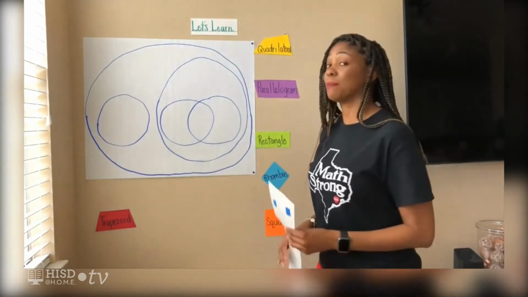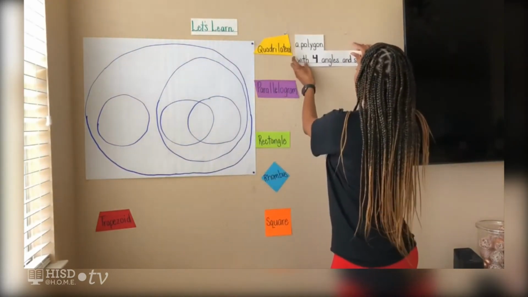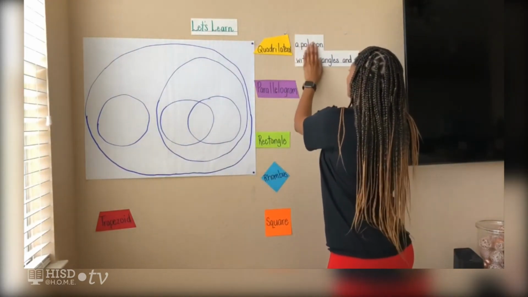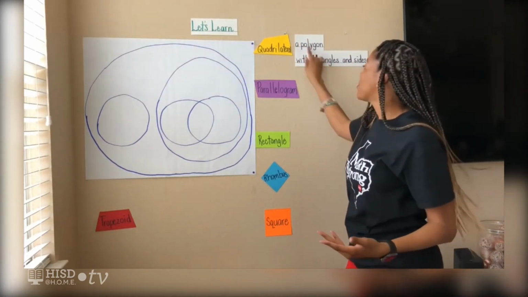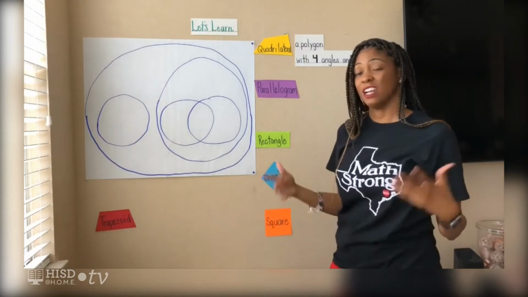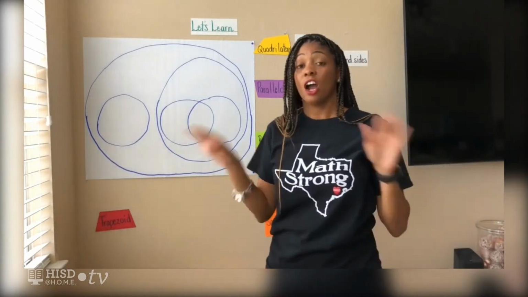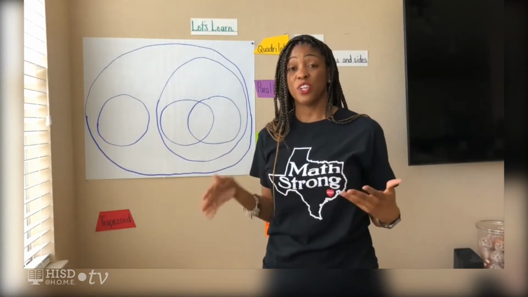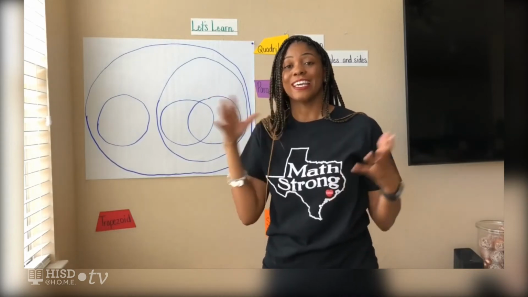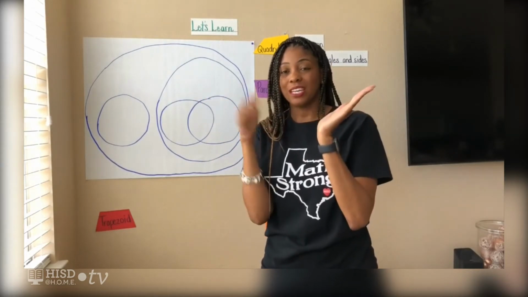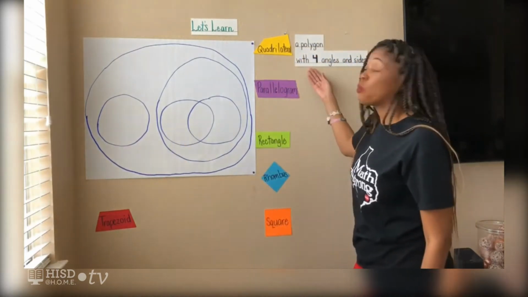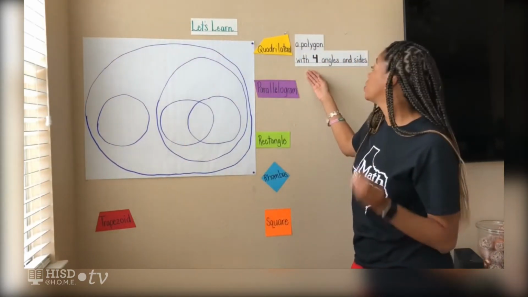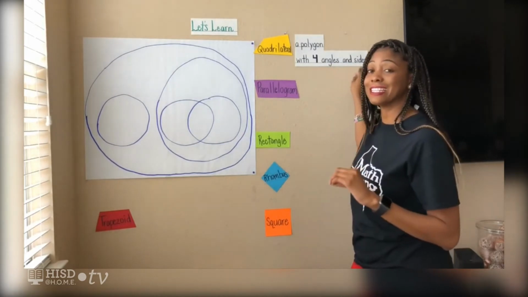When we talk about a quadrilateral, we're talking about a polygon with 4 angles and sides. Remember, it's a polygon, and polygons are closed-in figures. So it's a figure that when we draw the lines, it's closed in. There's no opening for anything to come out. So quadrilateral, a polygon with 4 angles and sides.